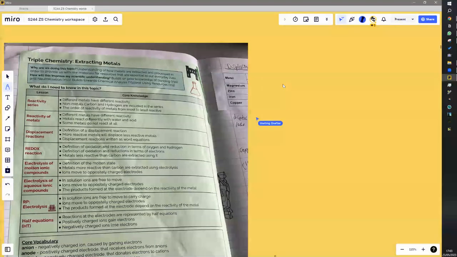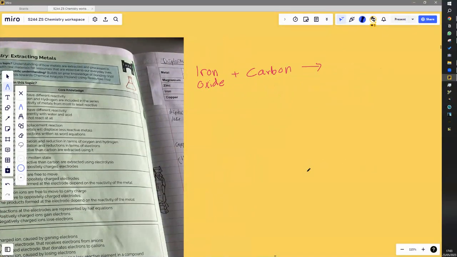Well, if I had iron oxide and I reacted it with carbon, then I would get iron on its own plus carbon dioxide. So what's happened there is the carbon has displaced the iron because the carbon is more reactive than iron. So I'm going to just add a reactivity series so we can understand this.